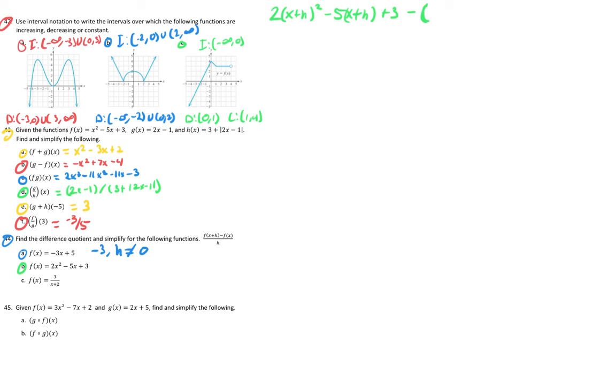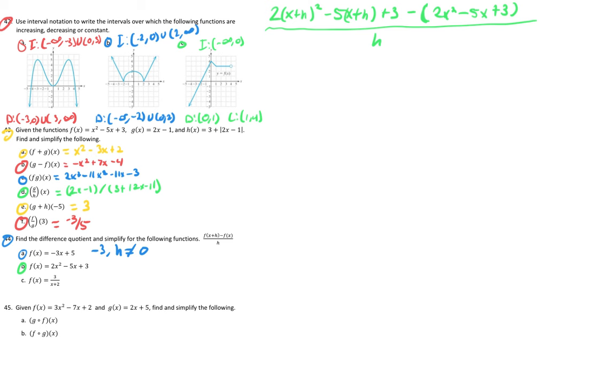So it reminds me to distribute the negative. (2x squared minus 5x plus 3). All this is over h.